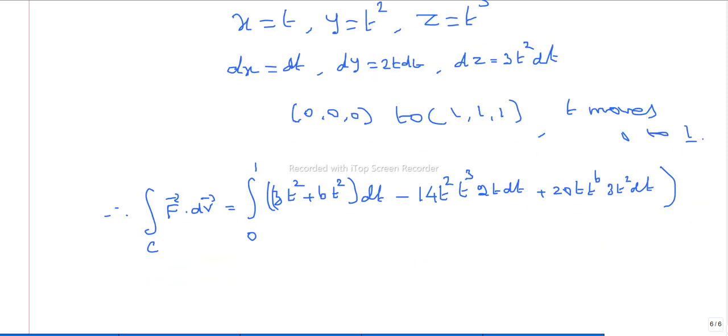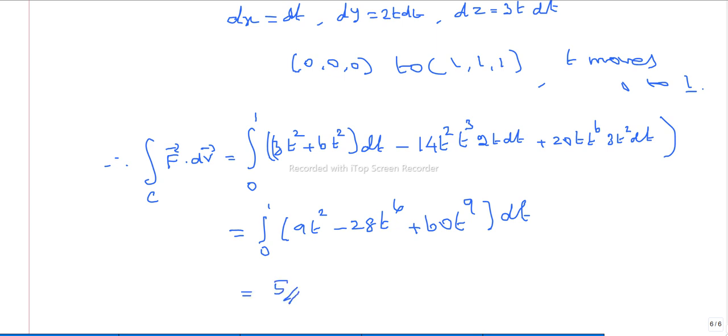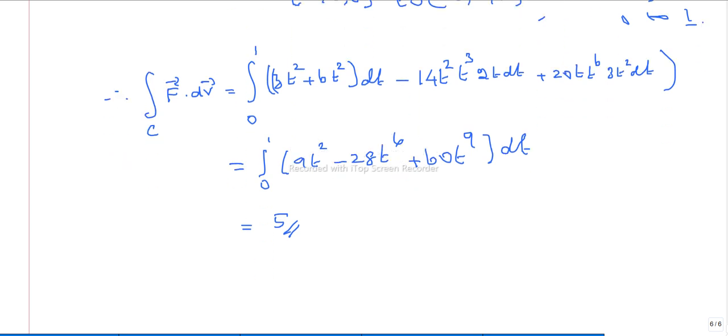You can take dt outside and simplify. Finally you get the integral from 0 to 1 of 9t square minus 28t to the power 6 plus 60t to the power 9 dt. If you integrate with respect to t and substitute 0 to 1, you will get 5. So along this straight line, you get this value.